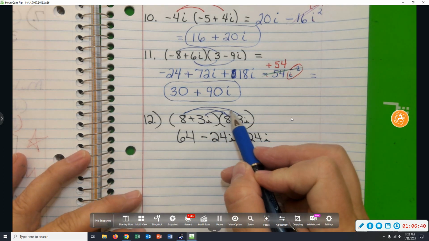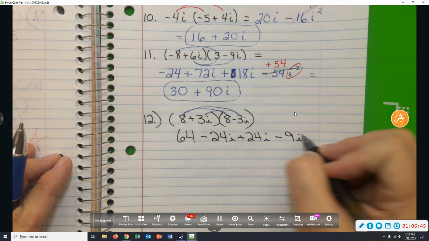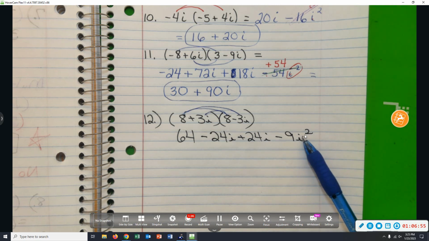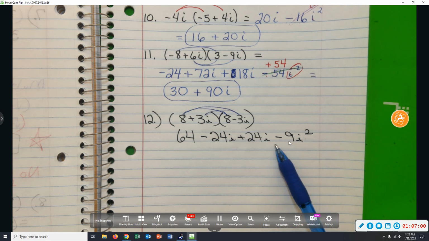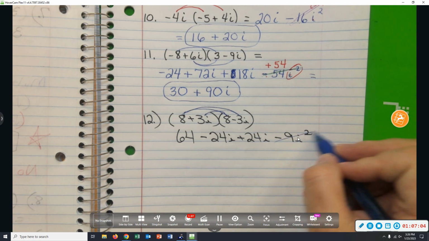Positive 3i times a negative 3i, that's a negative 9, and i times i is i squared. As soon as I pick up that i squared, I get rid of it. i squared is equal to what number? So negative 1 times negative 9, what's this last term going to become? A positive 9.